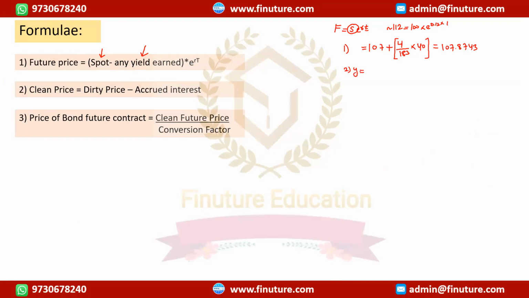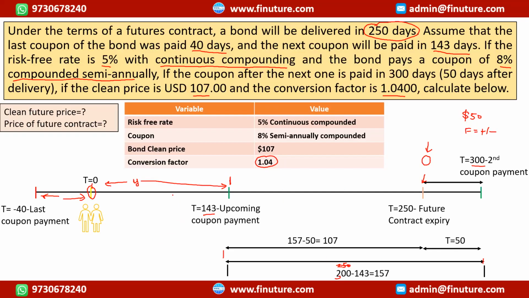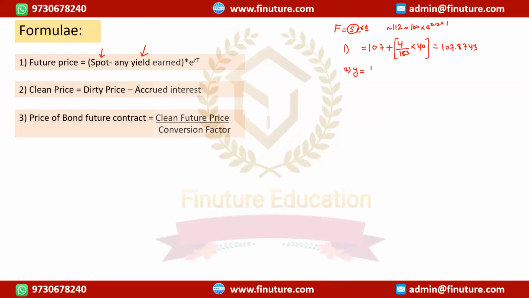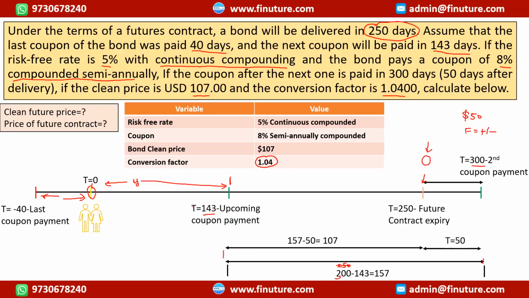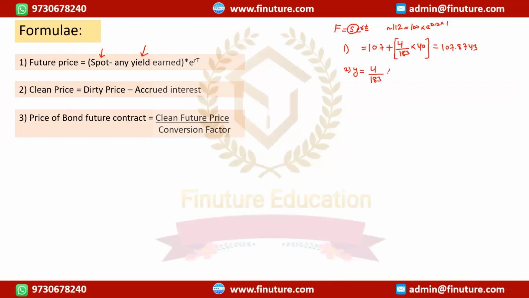So if I were to calculate Y, it's like $4 on entire this trajectory. So it would be $4 for 183 days. So for 1 day, it would be $4 divided by 183, and I want it to be for 143 days. So I will multiply it by 143 days.